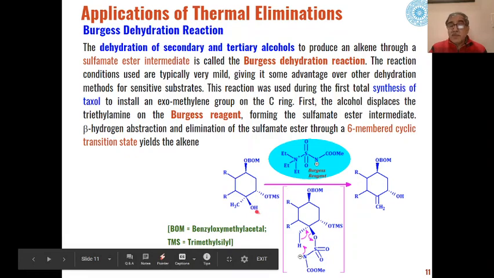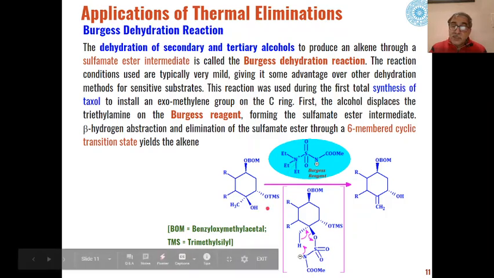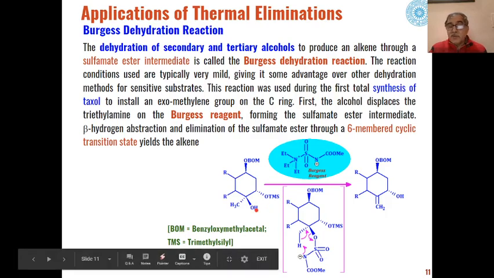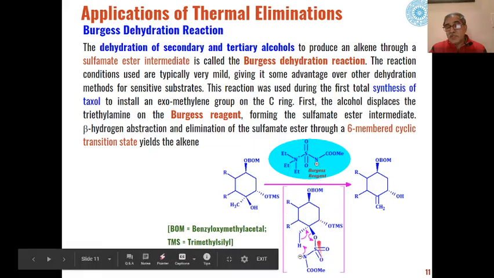what will happen? This alcohol part will first react with this triethylamine part. Triethylamine from here and H from here will be eliminated, and we will get this type of intermediate with the elimination of this part of the molecule, and this will get attached to this alcohol.